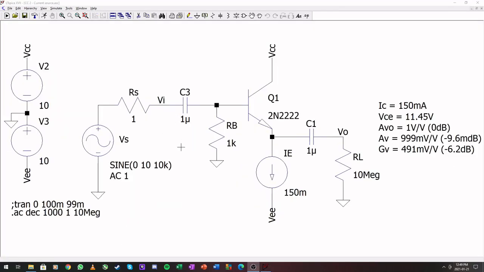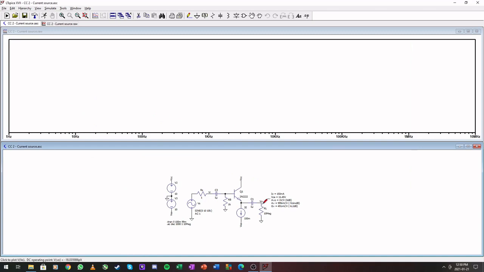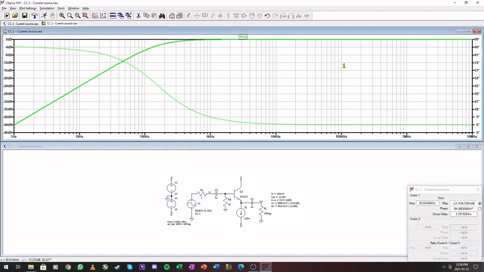Right, so here we have our current source one already set up for AC, and if we run it, that is much closer to 0 decibels than any of the other problems.